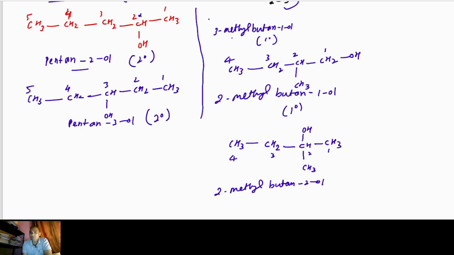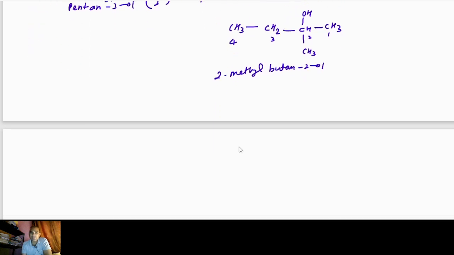One more possibility is there, student. What is the possibility? Here you see, student, CH3, CH, here you can put the CH3. Then what is the degree of this one, student? Its degree will be 3 degree, because the alpha carbon is attached with 3 carbon. And here is the CH, then here is the OH.